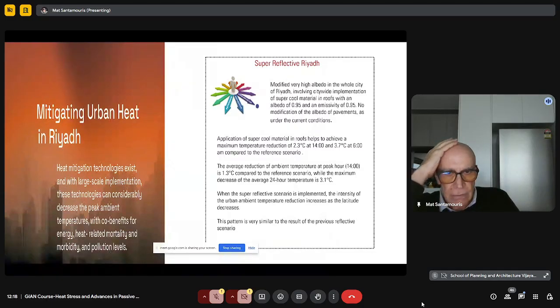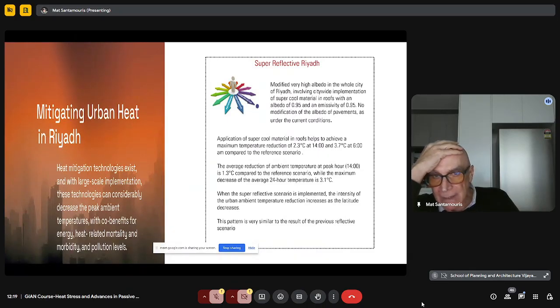Better? So let's use more sophisticated materials. Super cool materials, which have a very high reflectance, 0.95, and a very high emissivity on the atmospheric window, 0.95. In this case, the average reduction of the ambient temperature was between 1.3 to 3 degrees.